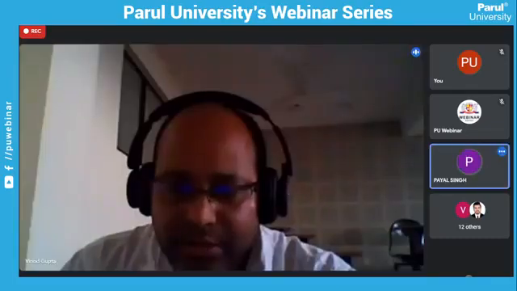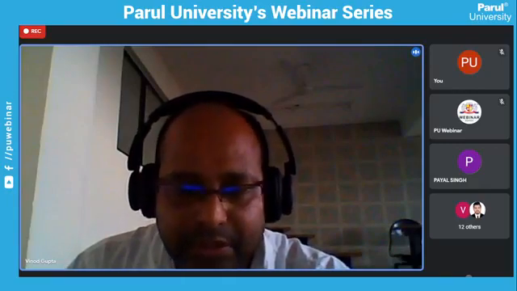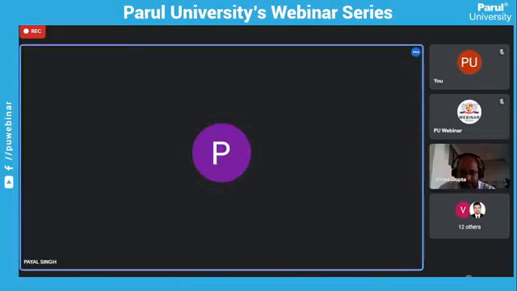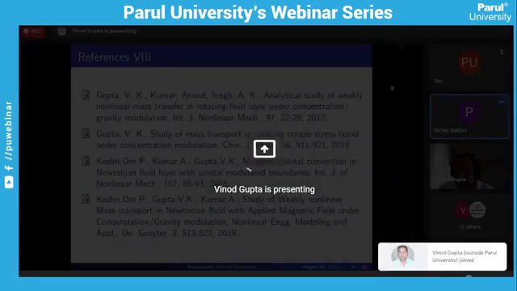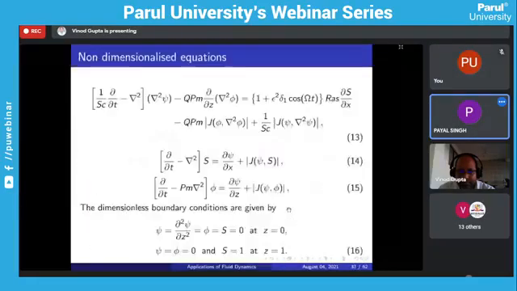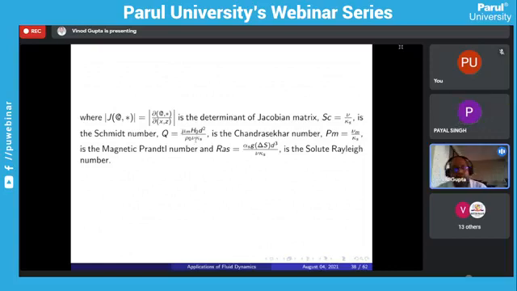So if you see the definition of these parameters, let me show the slide. From here, you can see this is about the magnetic force divided by the viscous force.